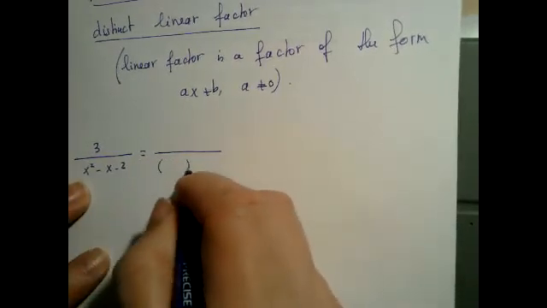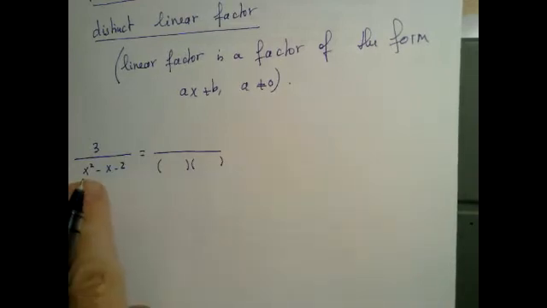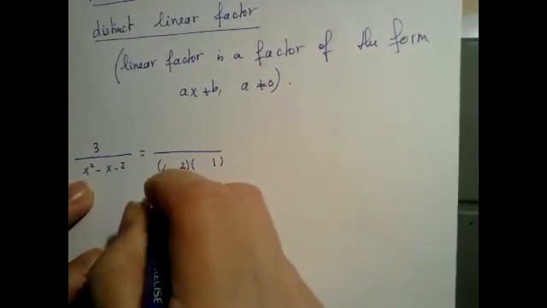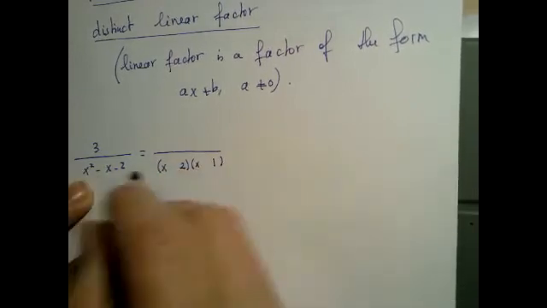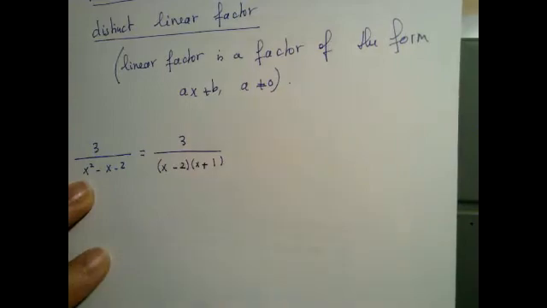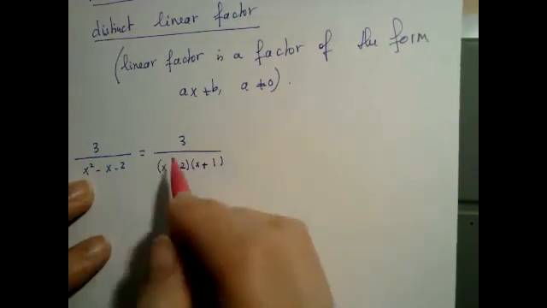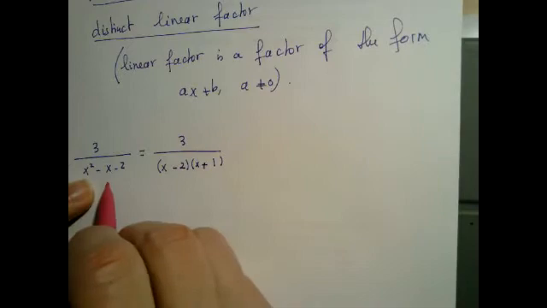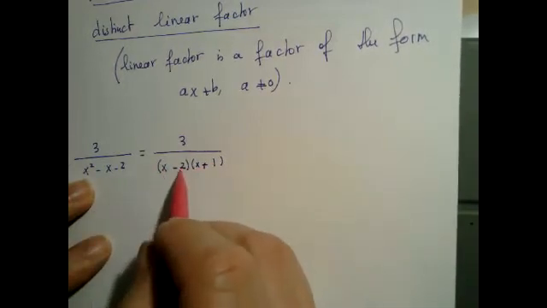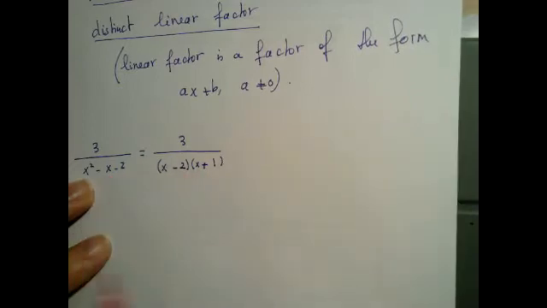The factors are x minus 2 and x plus 1. Once you factor out, I check if I did the factorization correctly: x squared plus x minus 2x minus x minus 2.